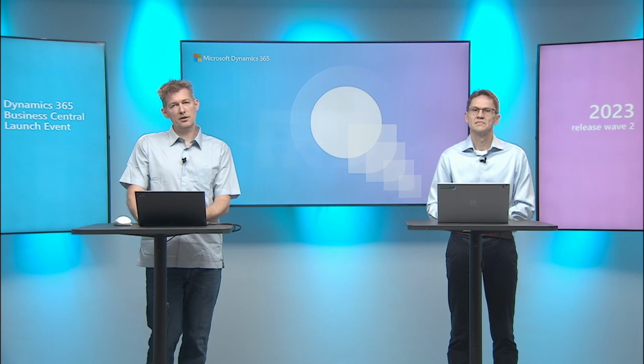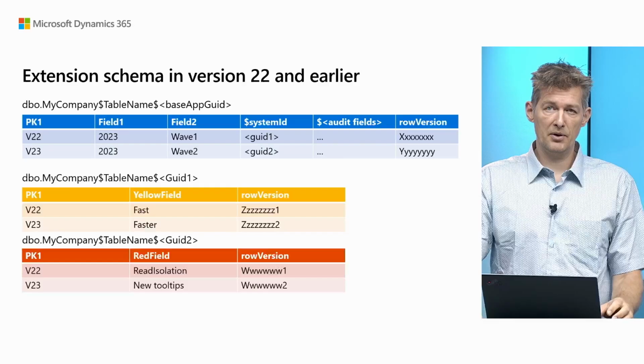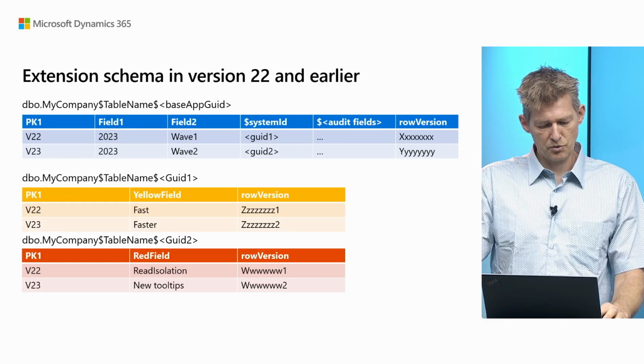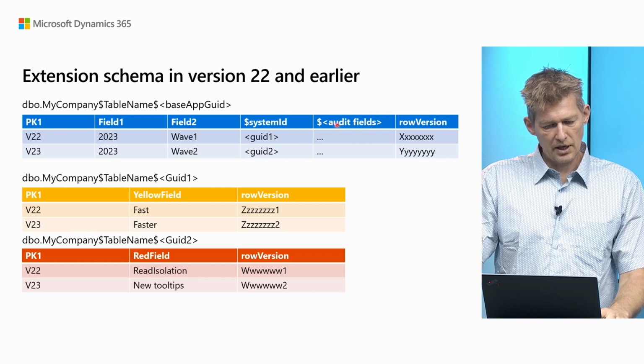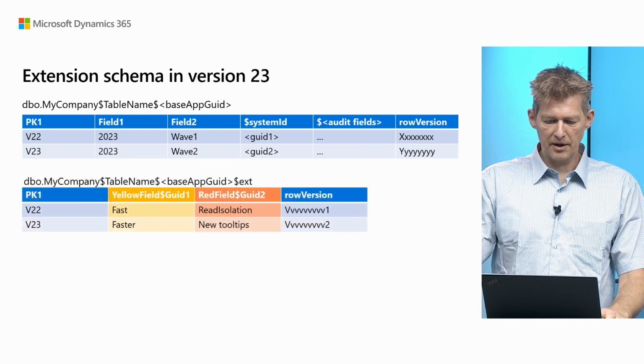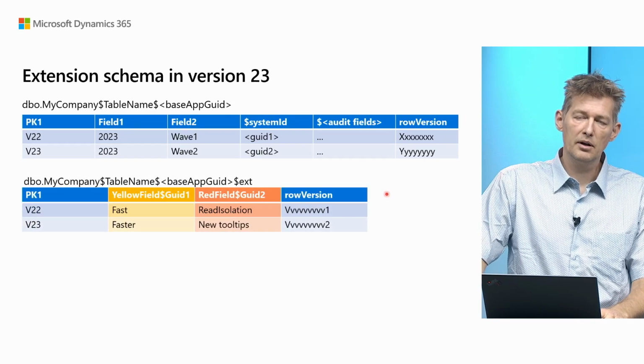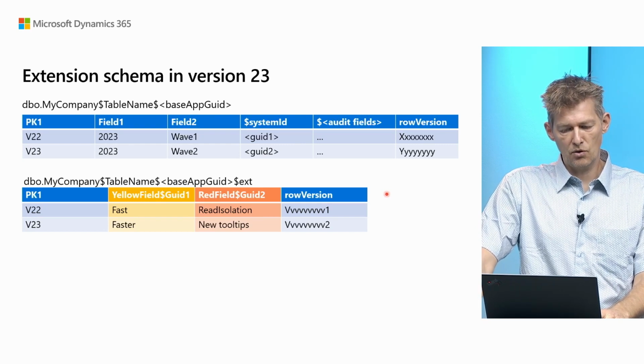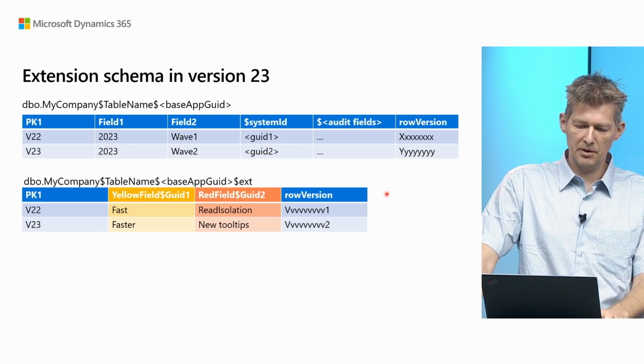So this is how the tables look prior and now in version 2022. You see here in version 22 that you have the base table, and then for each of the table extensions you would have their own table. Now, in the new schema, we simply have the base table, and then we have one companion table that stores all the fields from each table extension.